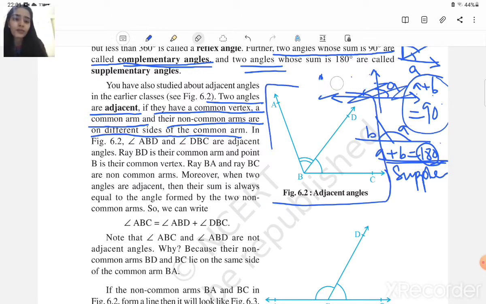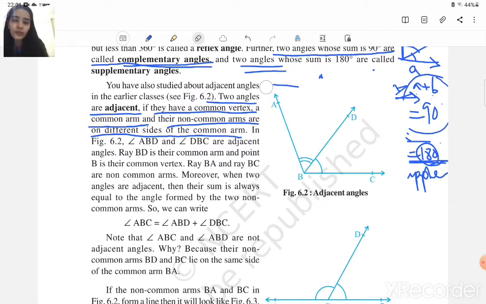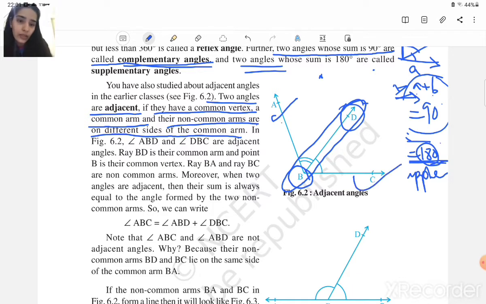As you can see, they have a common vertex, which in this case is the vertex B, and a common arm, which is arm D. The non-common arms, arm A and arm C, are on different sides of arm D. Hence we can say angle DBC and angle DBA are adjacent angles.